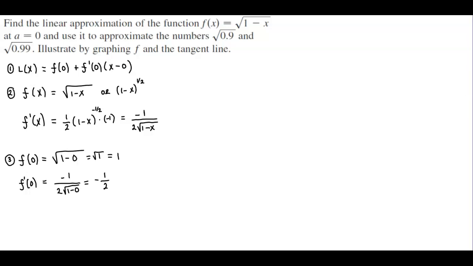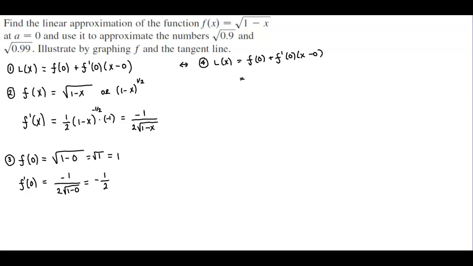So now we want to find the linearization. L of x is equal to f of 0 plus f prime of 0 times x minus 0.